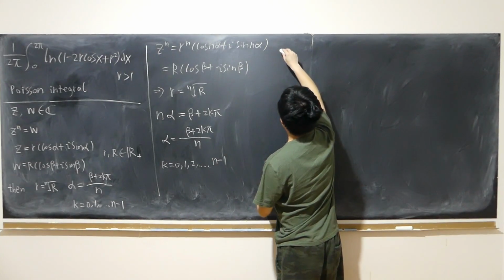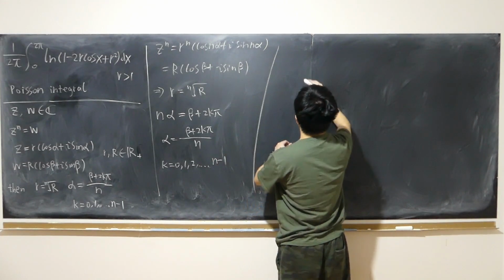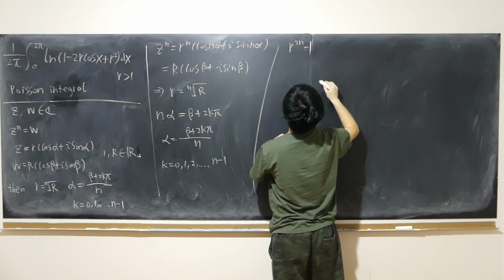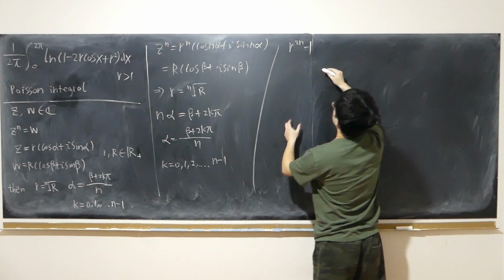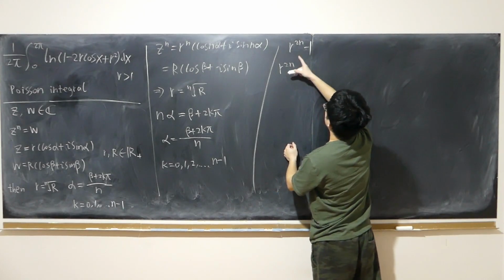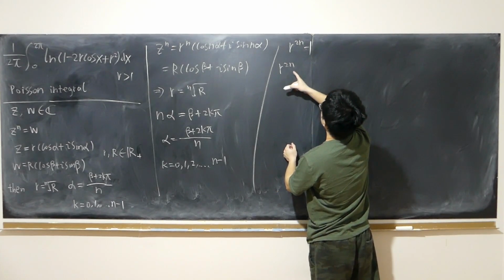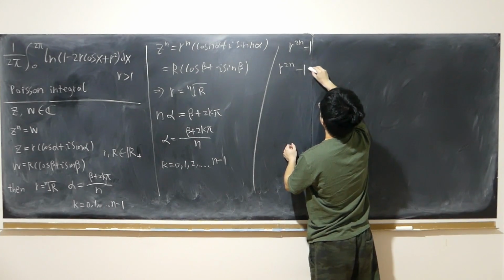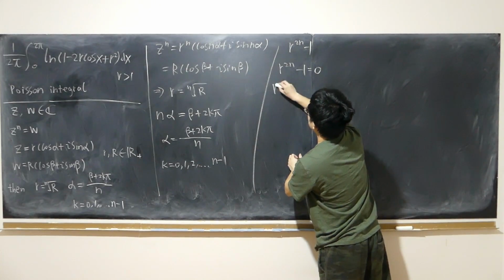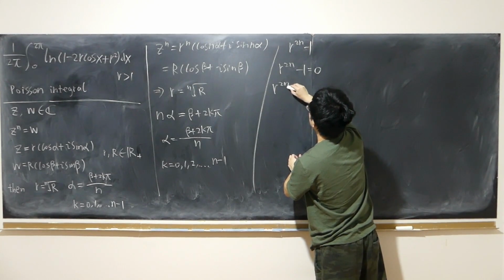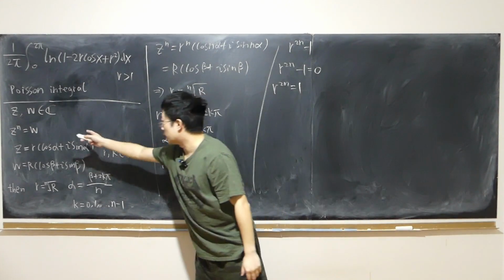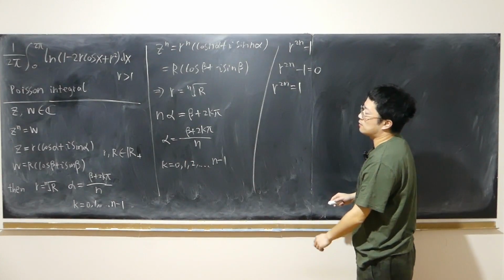So we're going to use this fact to factorize r to the power of 2n minus 1. Because we're looking for its roots, its zeros, if we make it equal to 0, then what are the solutions? In other words, if we want to solve r to the power of 2n equals 1, how do we solve it? Using this lemma, I'm going to treat r as z.